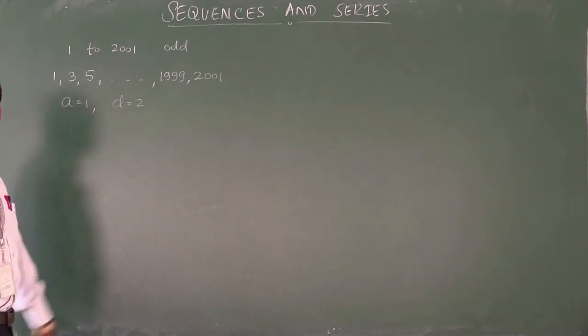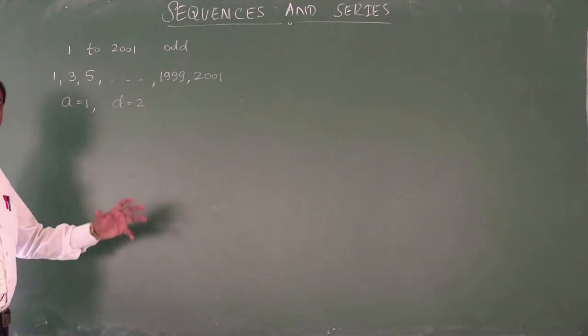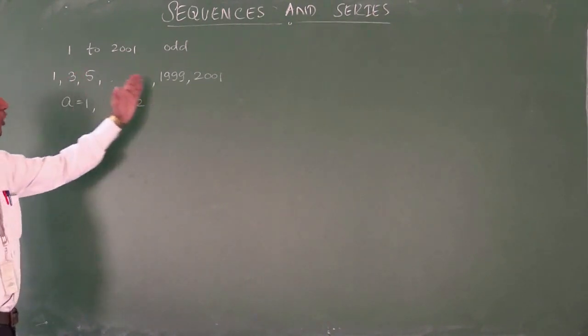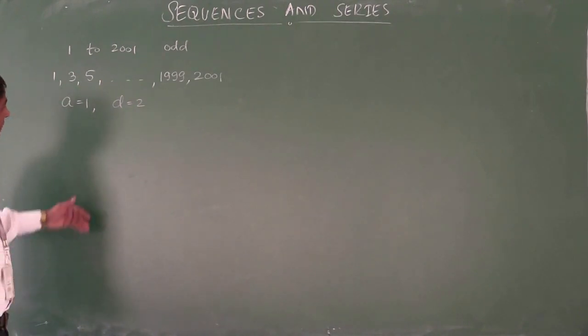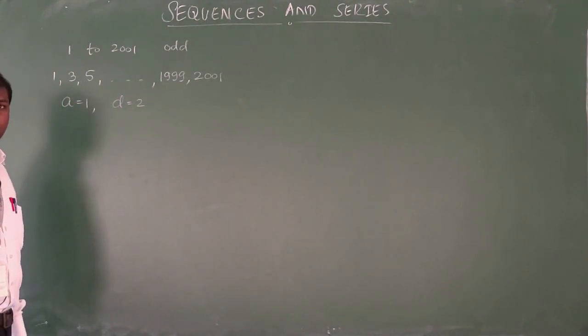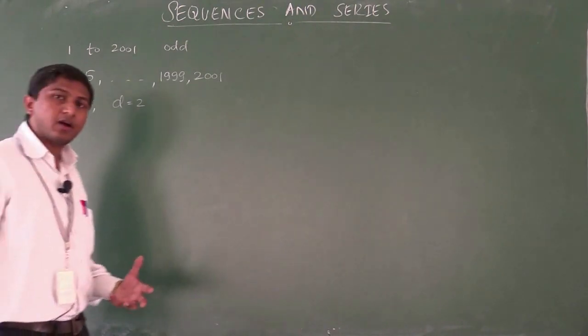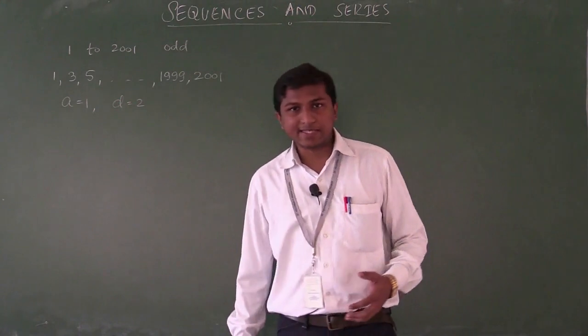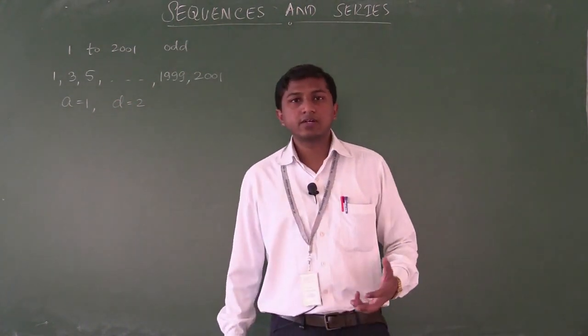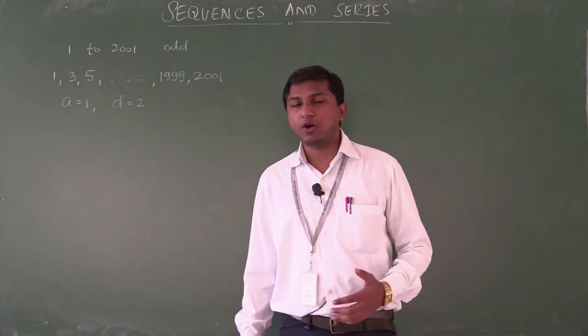Now, what is the question asking us to do? We need to find out the sum of the terms of this AP, right? To find the sum of terms of the AP, what formula are we going to use? We are going to use the formula Sn. Sn is the sum of first n terms of an AP.